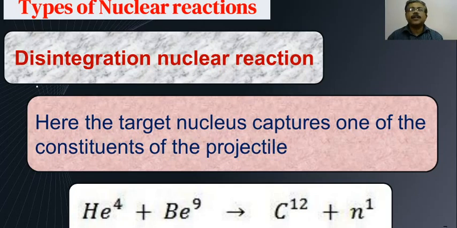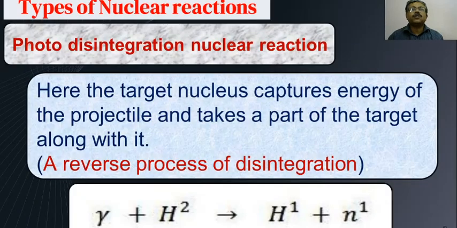You can see here an example where an alpha particle is bombarded onto a beryllium nucleus. As a consequence, 3 of the 4 nucleons of the helium nucleus will be absorbed by the beryllium to form carbon-12, and the remaining nucleon will be ejected out in the form of an ejectile. So like this we can see a part of the projectile is being absorbed.